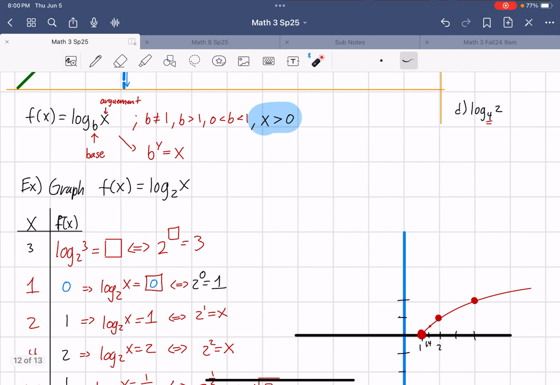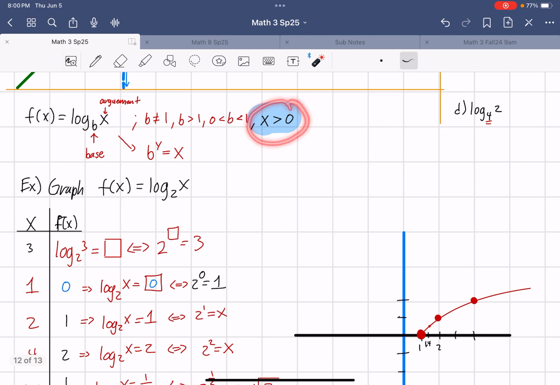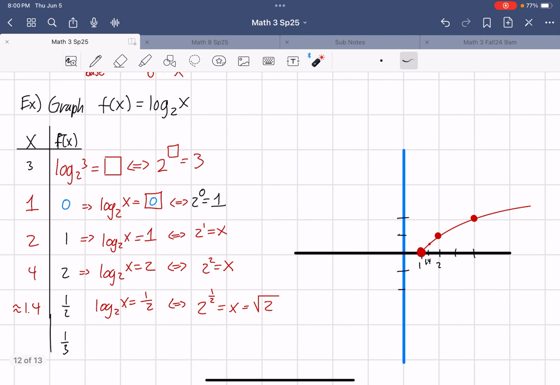Remember, we said the restriction is on our x, but the ones we're choosing right now are our y's. There's no restriction on the y's. So instead of me trying to choose these x's here, why don't I choose y values? So instead, I'm going to choose -1.